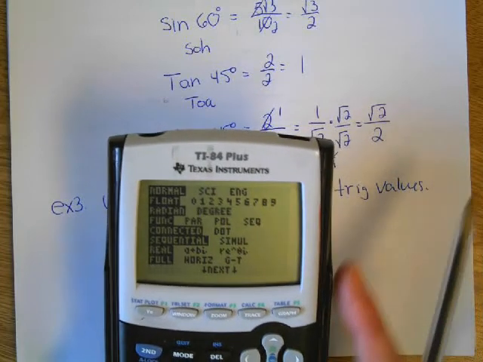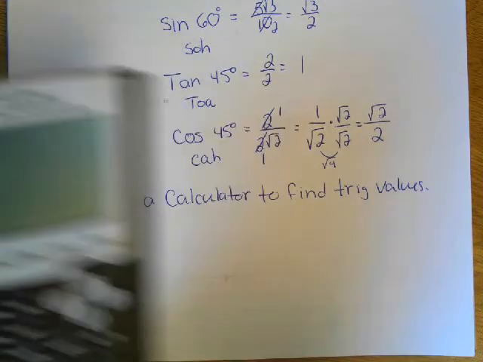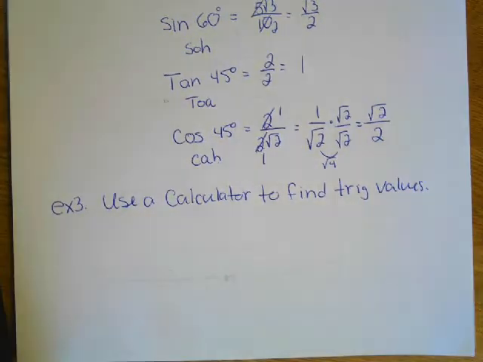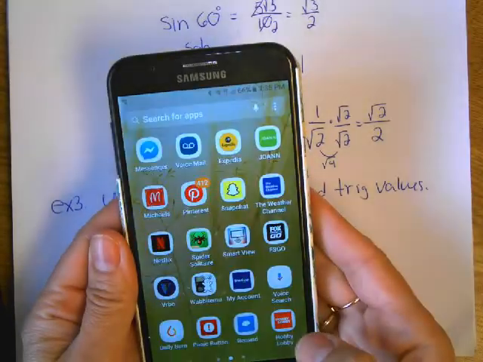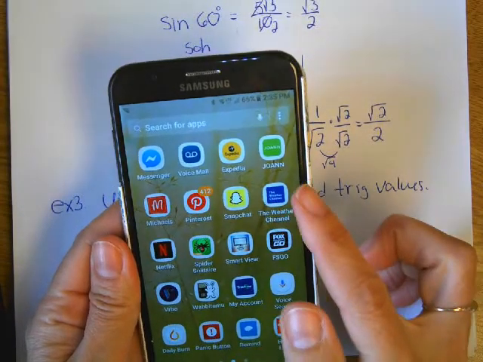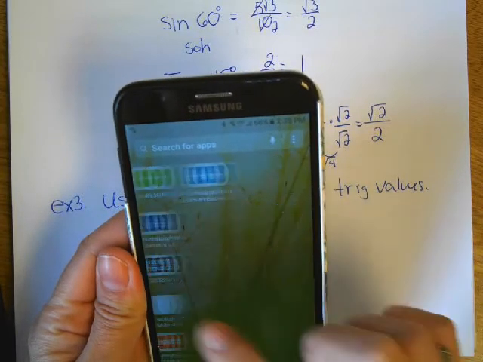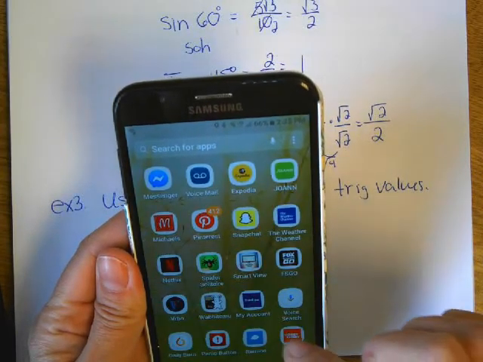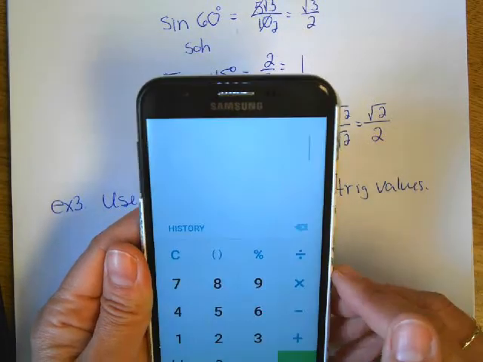Oh, I'm going to use my phone calculator. That's the other one. So quit. That one's ready to go. I'm going to grab my phone real quick. I'm going to find the calculator on it. Oh, here it is, calculator.